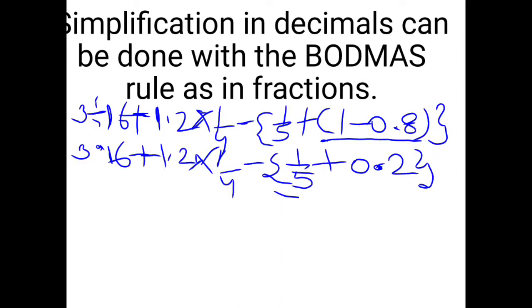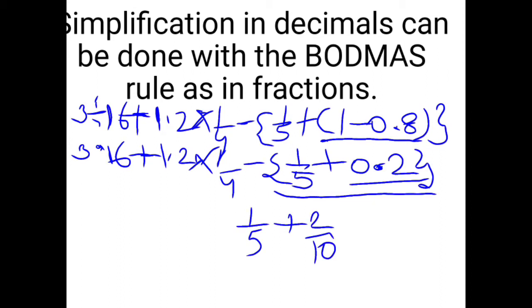Now we have to remove this curly bracket. For that, first we will convert this decimal into a fraction. The fraction of this decimal number is 2 upon 10, because we are removing the decimal. So we are solving the term 1 upon 5 plus 2 upon 10.